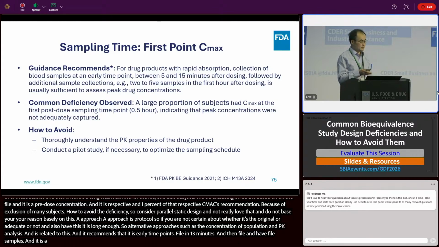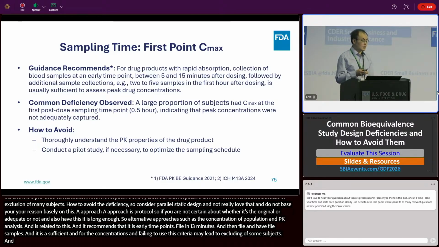However, failing to meet this criterion may lead to exclusion of some subjects from the BE analysis. One example is that a large proportion of subjects had Cmax at the first post-dose sampling time point of 30 minutes. It indicates that the peak concentration was not adequately captured and the study failed.